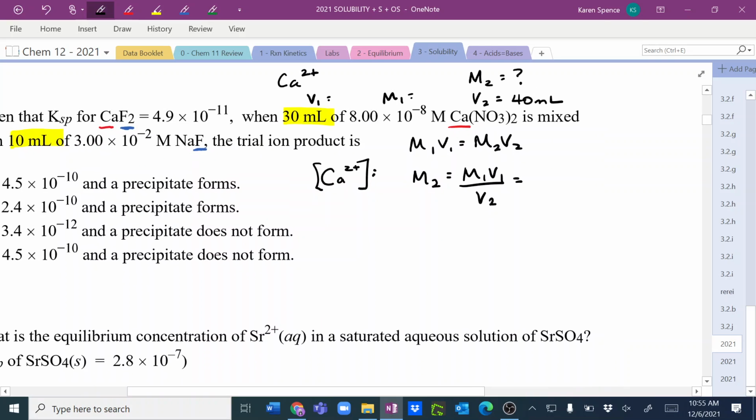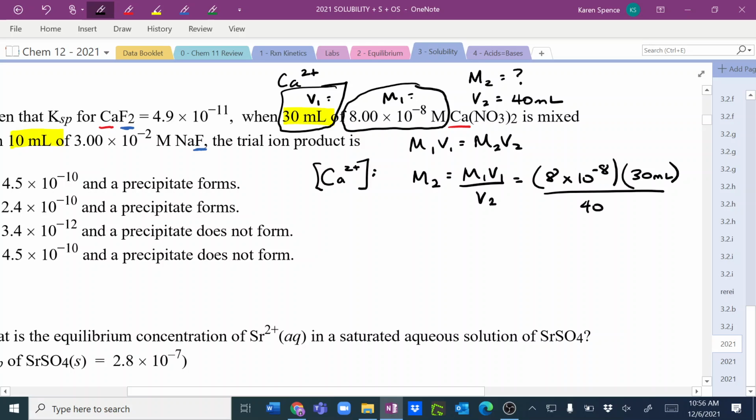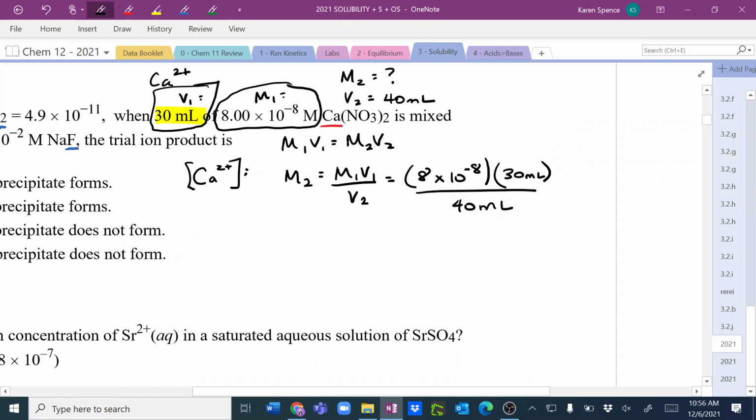So we plug that in, we get M1 is 8 times 10 to the negative 8 times V1, 30 milliliters, over 40 milliliters. So that is 8 E negative 8 times 3 divided by 4 is 6 times 10 to the negative 8.